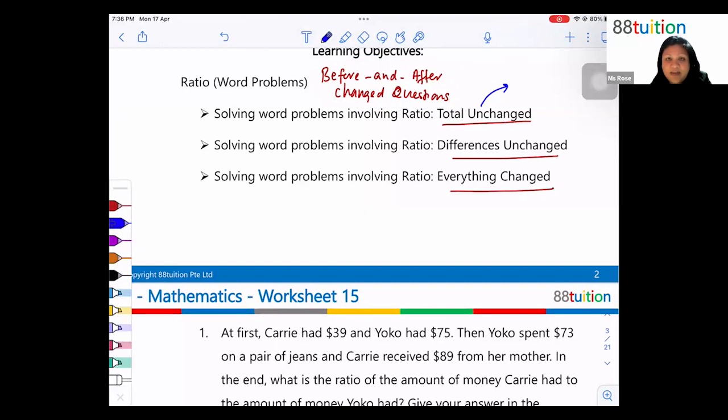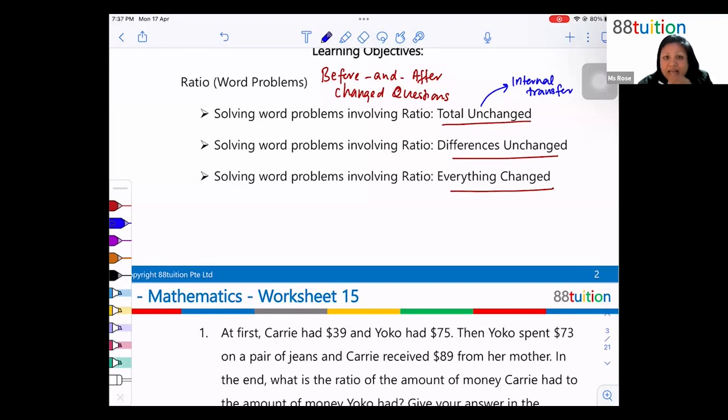Okay, I'll give you an example. Internal transfer. Have you ever heard of this? When you have an exchange between 2 people, an internal transfer, the total between them before and after will remain unchanged.